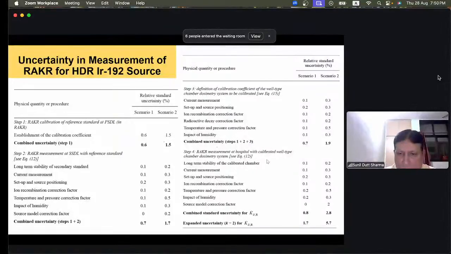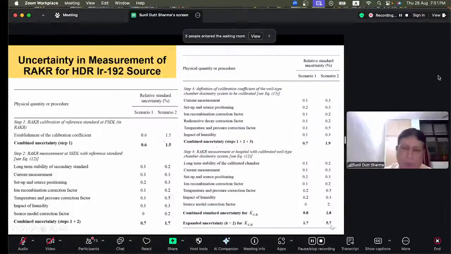So finally, you can see that if you are measuring the source strength of an HDR iridium 192 brachytherapy source, the overall expanded uncertainty at the user level is coming to 1.7% when you follow every step and every recommendation of IAEA TRS 492. But if you are departing from these recommendations, your uncertainty of measurement can go up to 5.7%.